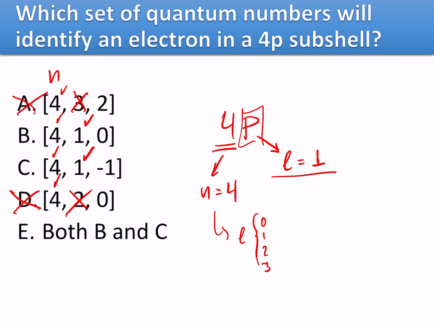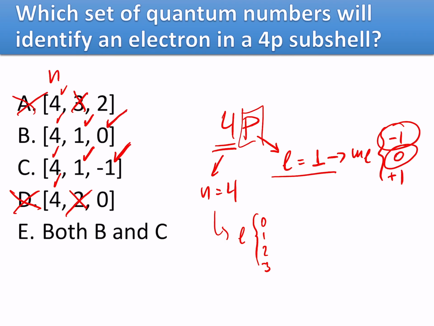Okay? Now for L equal 1, ML can be -1, 0, and +1. So here we have 0, that checks, and here we have -1, okay, we have 0 and -1, those two check.